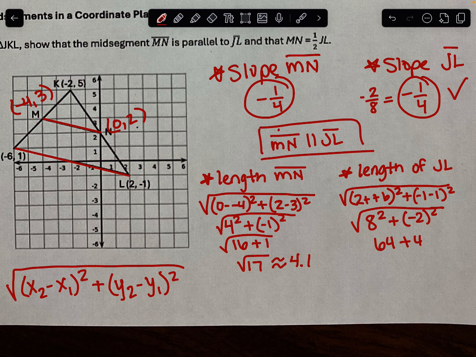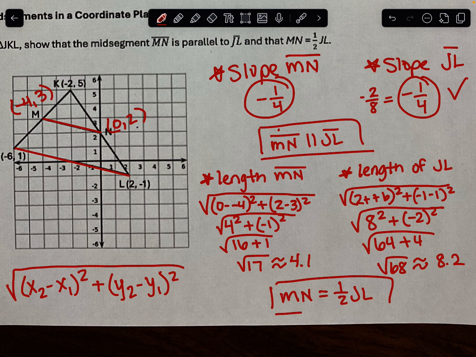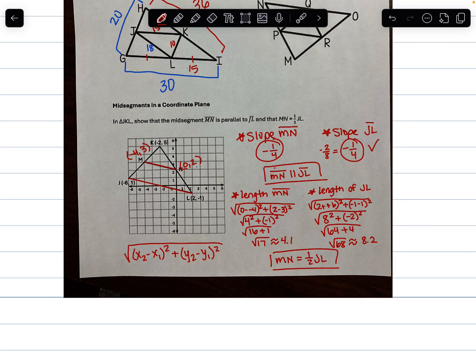Plus 4. So we get the square root of 68. Somebody square root 68 for me. About 8.2. Okay. So we did just prove that MN was half of JL. Okay. Any questions on that?